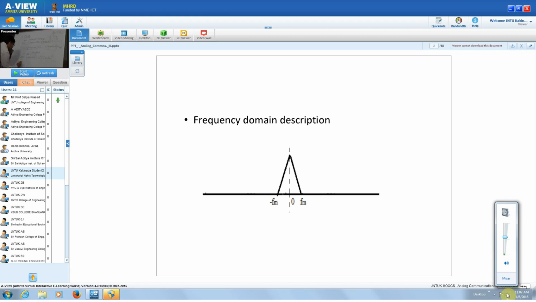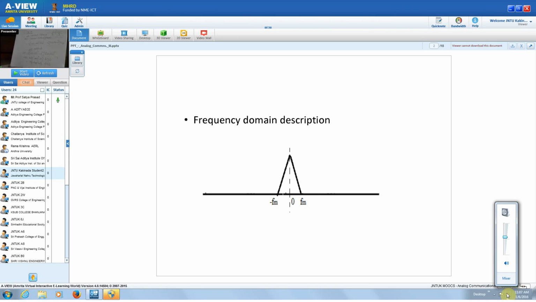Then we are going to have this of M of f exponential plus j theta for f.